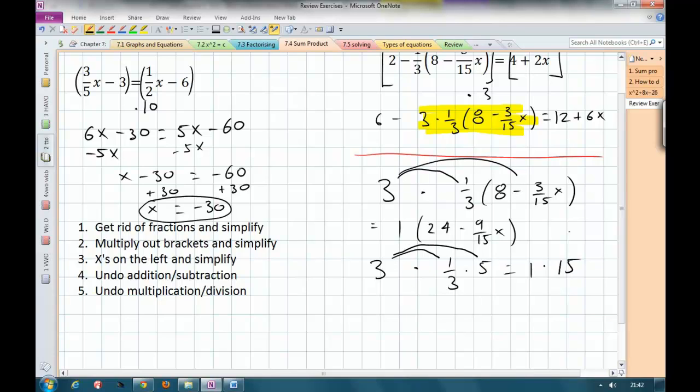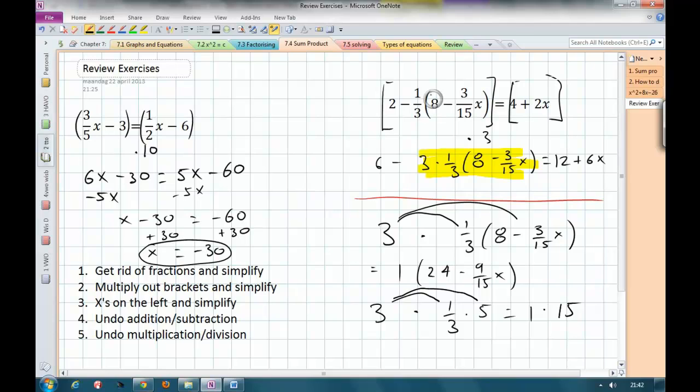Okay, so if you're not convinced of that, what you should do is try it out with numbers. Convince yourself: put something in for x, take this number and multiply it by 3 with your calculator, and then find out whether it's equal to this, putting in the same x.